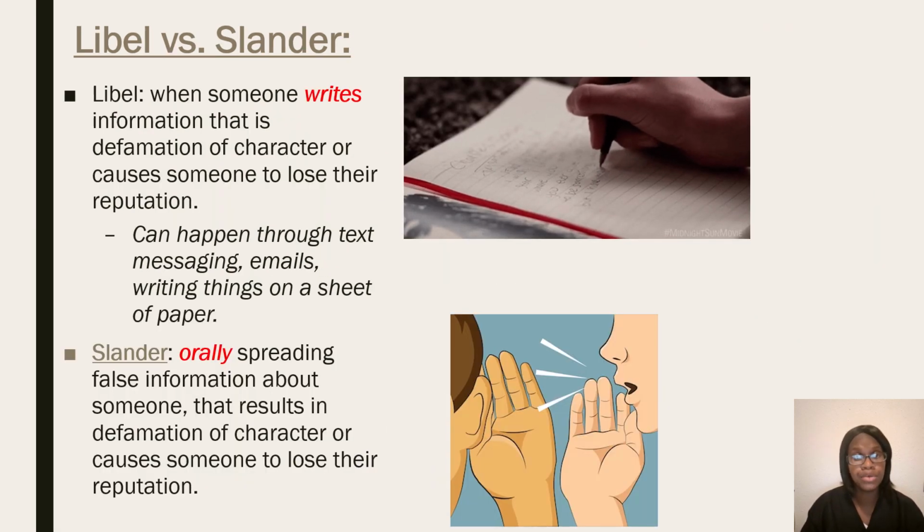And then you have libel versus slander. These are terms that a lot of people get confused. So hopefully this explains it in an easy way for you. So for libel, that's whenever someone is writing information that is defaming someone's character or causes someone to lose their reputation.